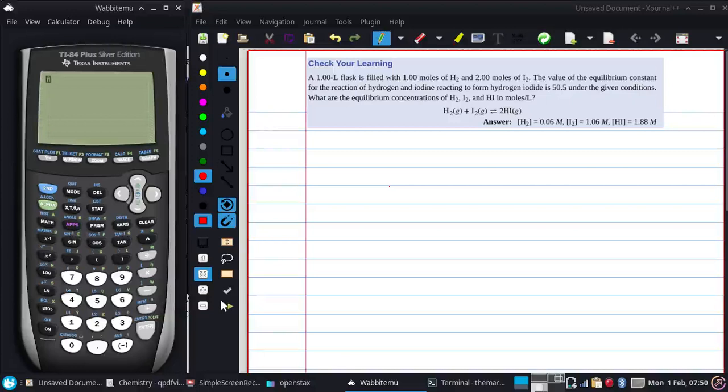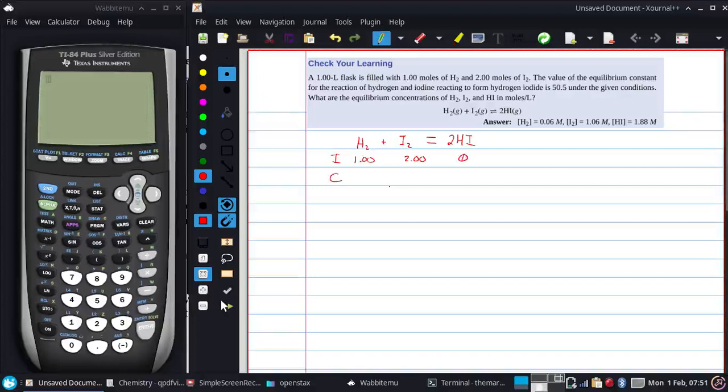So we have our moles of iodine and hydrogen in a 1 liter flask, and we have an equilibrium constant of 50.5. So I am going to start with an ICE table. And I have the initial concentrations, just going to divide by 1, so this is 1 molar, and this is 2 molar, and this must be 0.